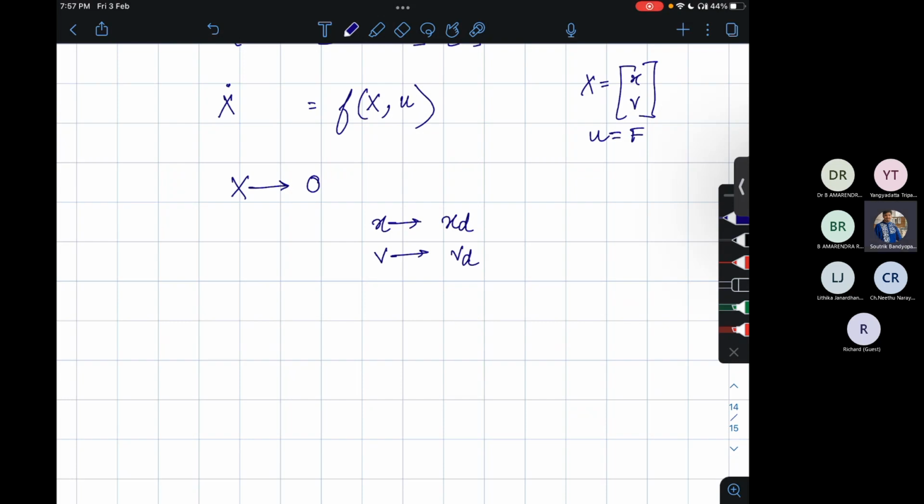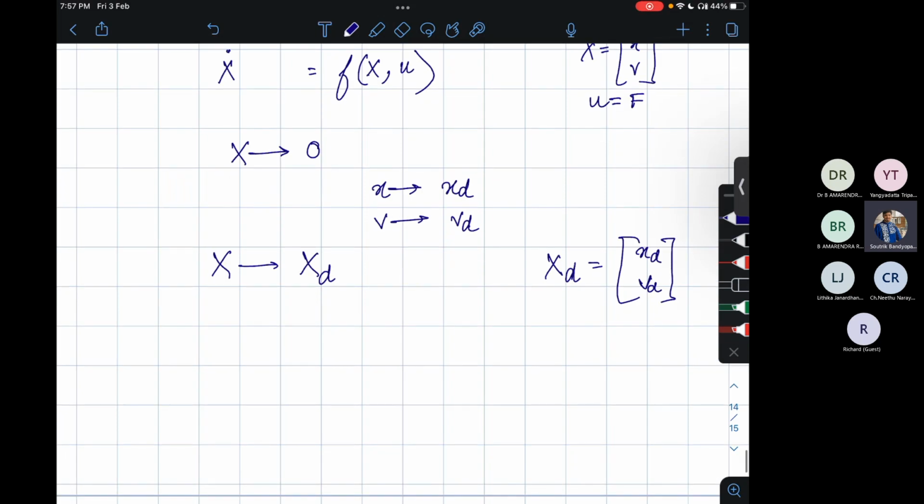So essentially x should go to capital X desired, where capital X desired is the augmentation of these two scalars. This above problem is known as the regulation problem, and this problem is known as the tracking problem.